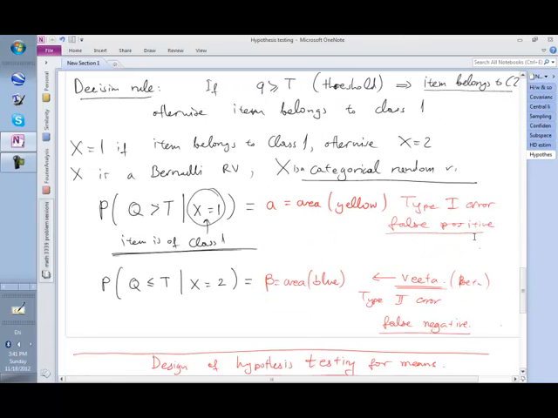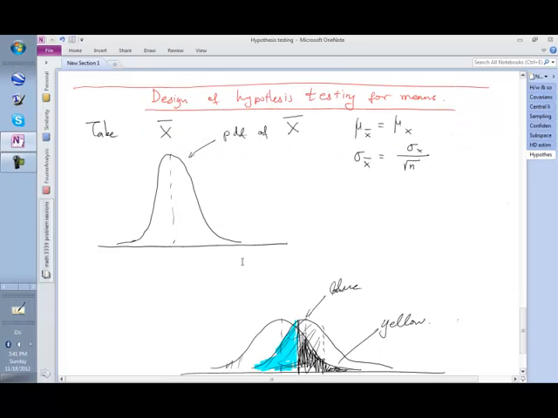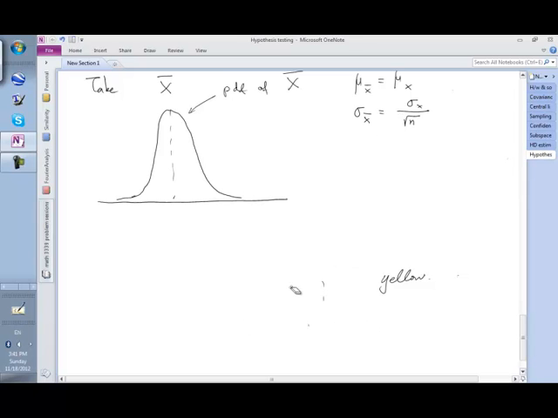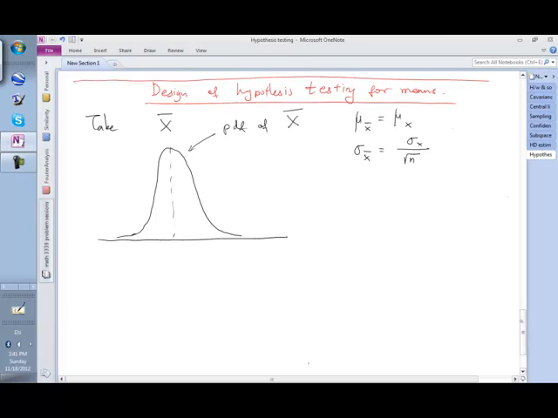This is exactly what is happening with the mean as well. But with the mean, the central limit theorem is telling us that the sampling distribution of X bar is approximately going to be a normal distribution, hence the bell that I designed, and the standard deviation is being reduced by the size of the sample.